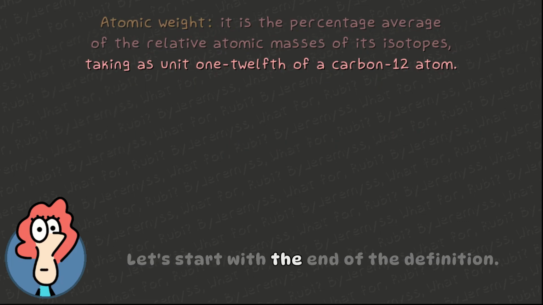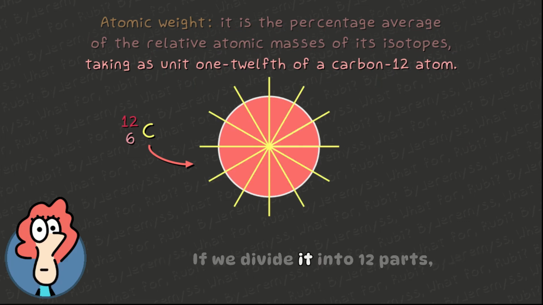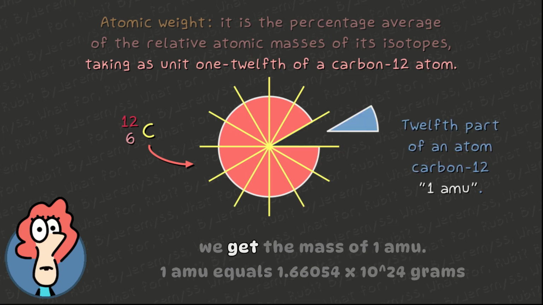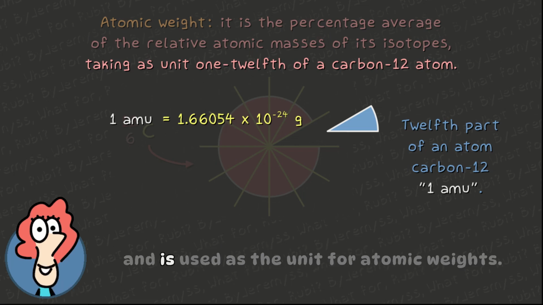Let's start with the end of the definition. This circle represents a carbon-12 atom. If we divide it into 12 parts and weigh one of those parts, we get the mass of 1 AMU. 1 AMU equals 1.66054 times 10 to the power of -24 grams and is used as the unit for atomic weights.